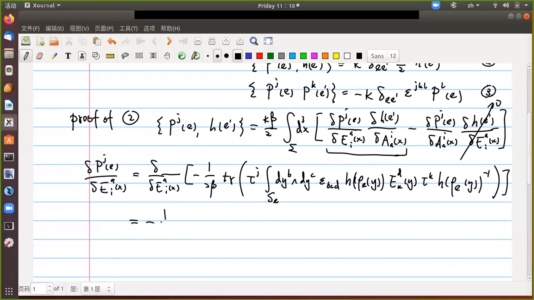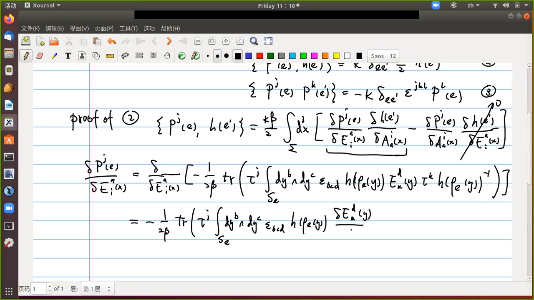So it equals minus 2β, the derivative of E_k(y) with respect to E_a^i(x). And you know this is just a delta function.